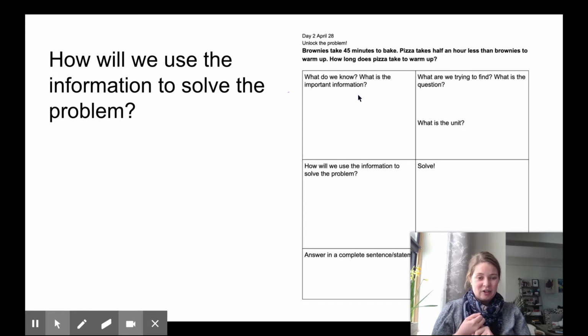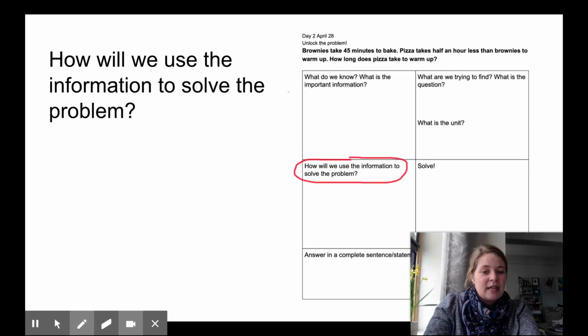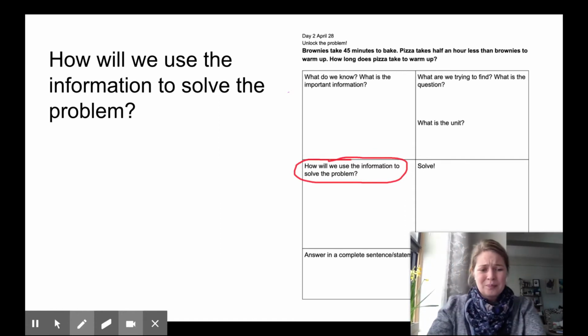That's another strategy. Decide which strategy works best for you and write down right here how you will use that information to solve the problem. Will you count on a clock? Will you subtract? Decide and write it down right here.